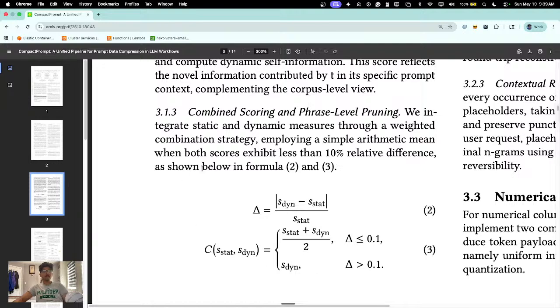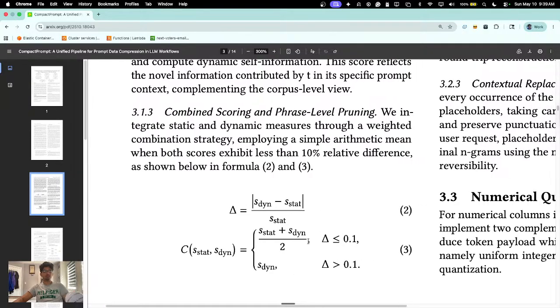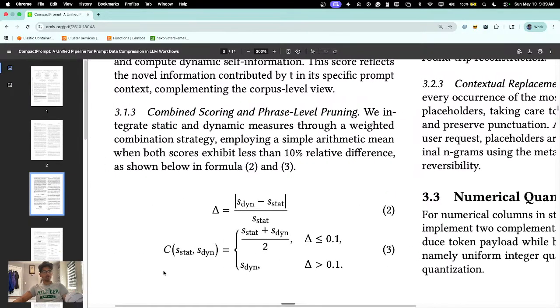Okay, so that's the logic behind this and what this over here means. Not too hard, but understanding is very important. So this hybrid approach of using both dynamic and static self-information scores is how the compact prompt framework works, because that is the most accurate score you can get.